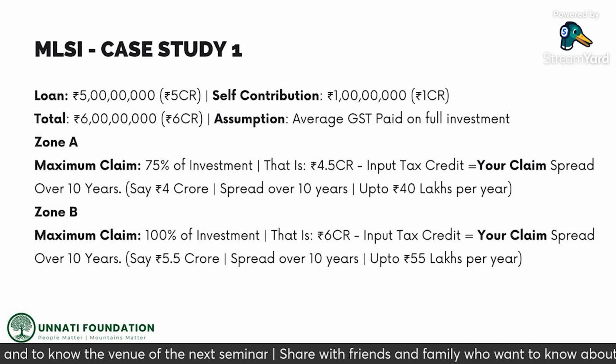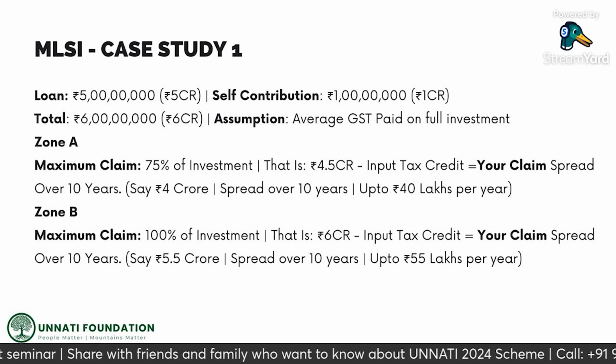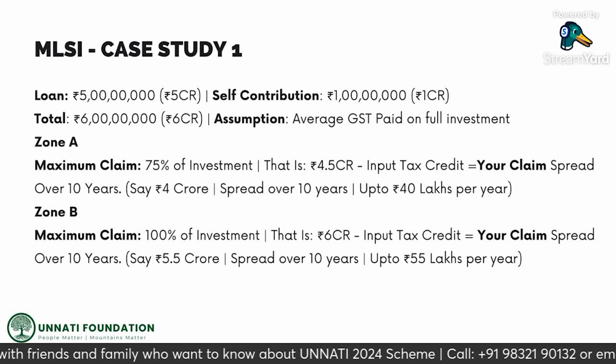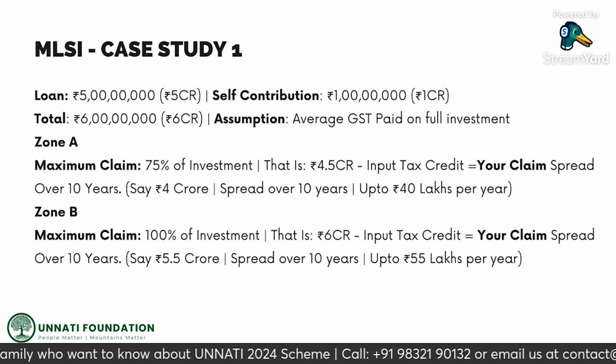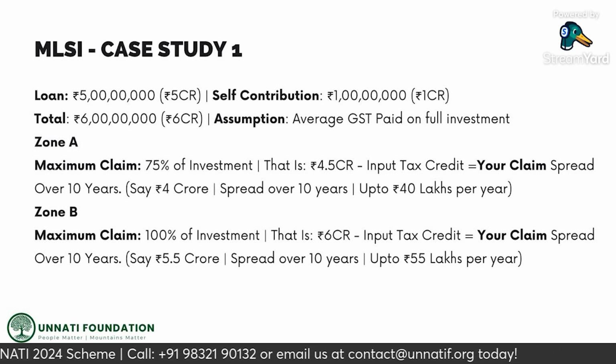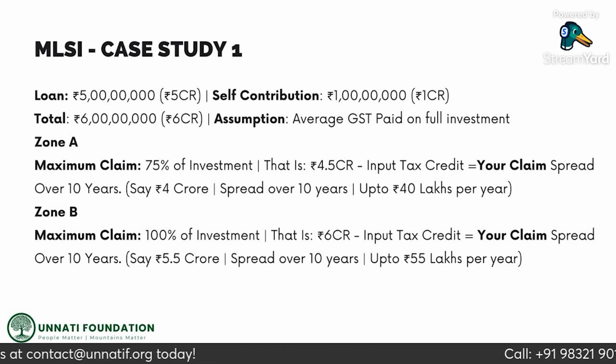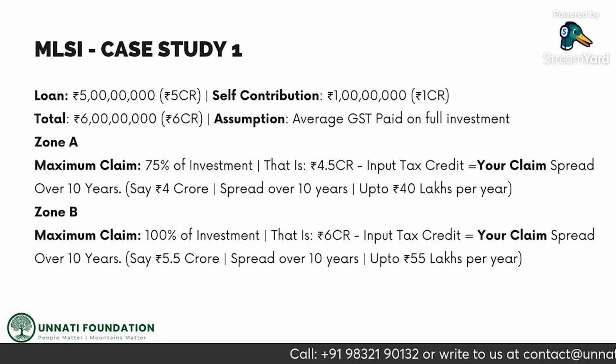And for zone B, it is 100% of the eligible value of investment, that is 6 crore minus your input tax credit, say at 5.5 crore. Spread over 10 years it comes to 55 lakhs a year. So let's say that you are a nursing home and you pay GST. Then you can claim up to 40 lakhs in incentive in zone A and 55 lakhs if you are set up in zone B.